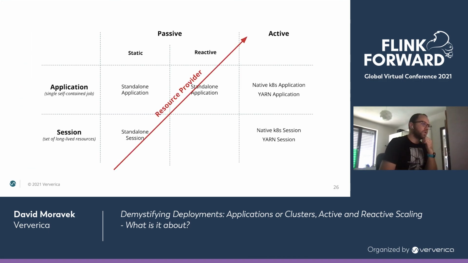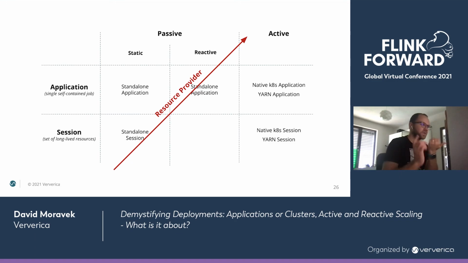And on the third axis, you have various resource providers: standalone resource provider, Kubernetes native integration, Yarn and Mesos. And I would also argue that there are special types of the standalone resource provider, but that's basically up to you.